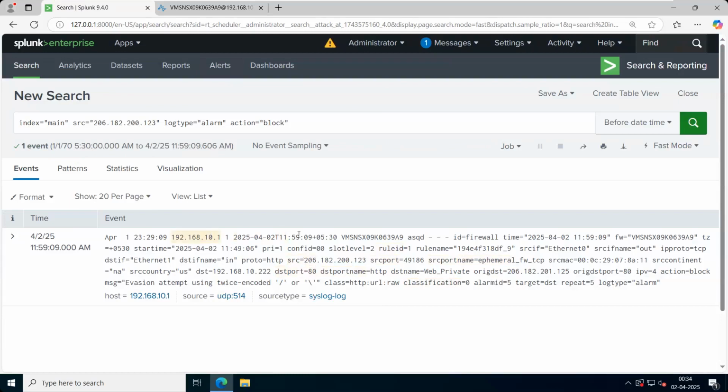Also the source, where this attack is coming from, what exactly the target is, what server in our network is being targeted by this particular attack, and what type of attack method they have used. So it shows us all the information like this.